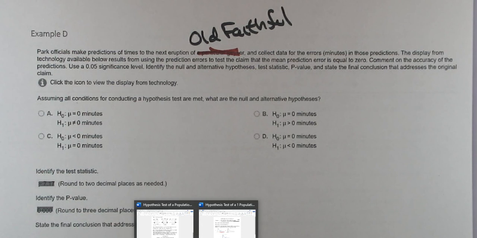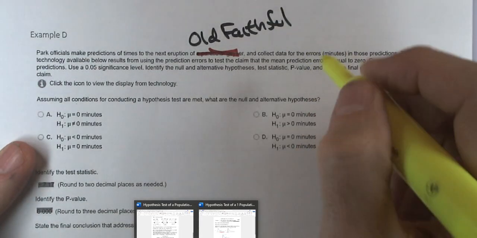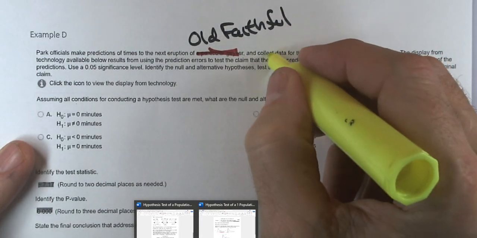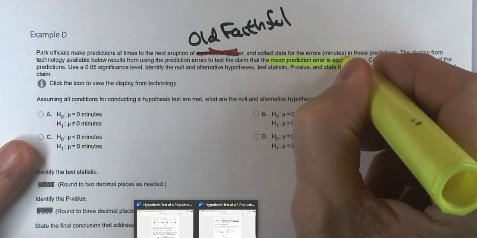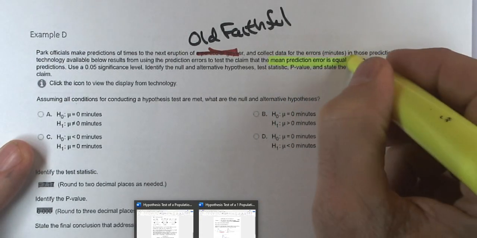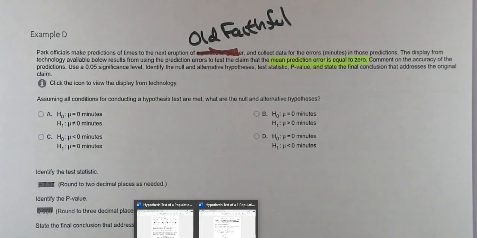The display of technology available below results from using the prediction errors to test the claim that the mean prediction error is equal to 0. So let's kind of hone in on that one. The mean prediction error is equal to 0.